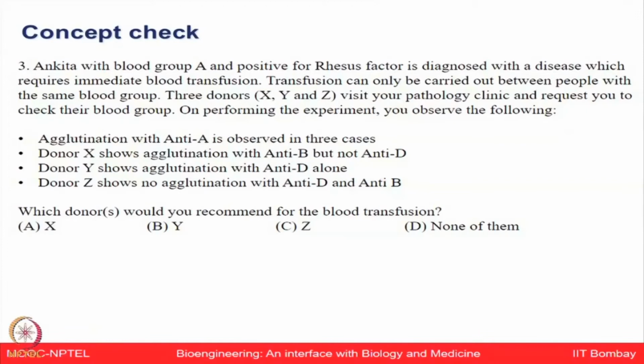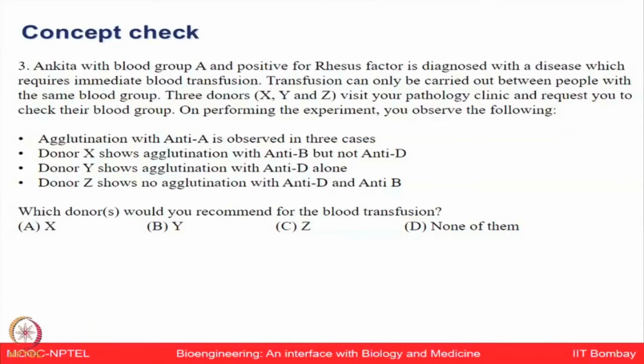Ankita with blood group A and positive for rhesus factor is diagnosed with a disease which requires immediate blood transfusion. Transfusion can only be carried out between people with the same blood group.